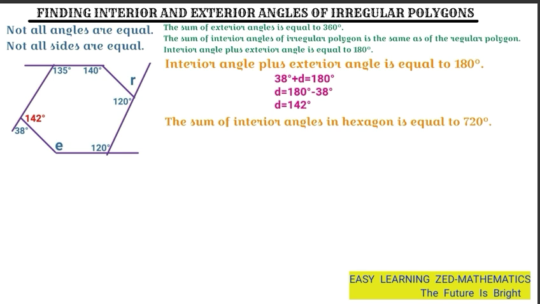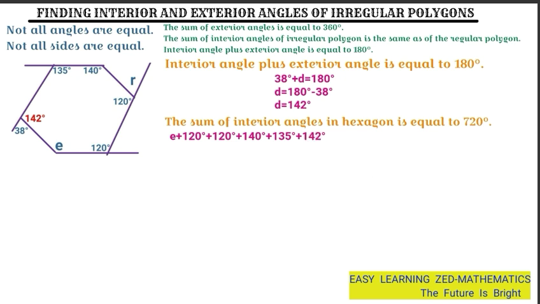Then I'm going to add, starting from E: E plus 120 plus 120 on top there, which is adjacent to R, then plus 140, then plus 135, plus 142.